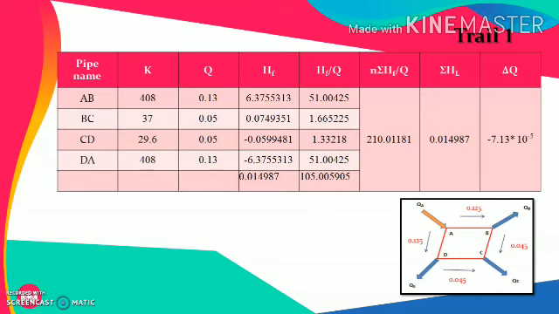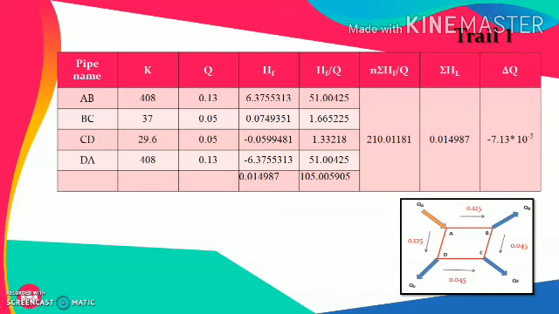So Q and HF will have a similar sign, and the ratio of these two having the same sign will have a positive sign only. So it will have the sum, so the value is 210, as the value of n is 2.